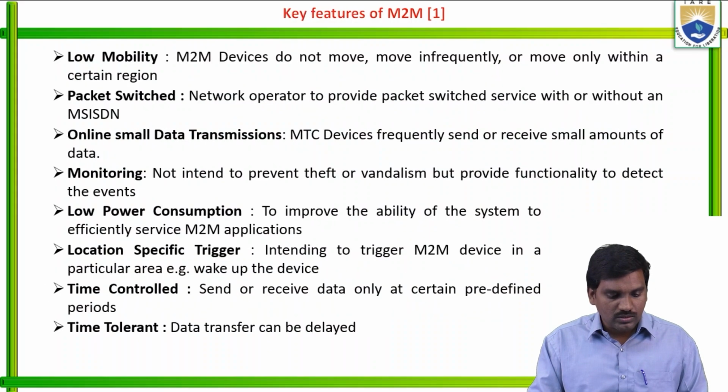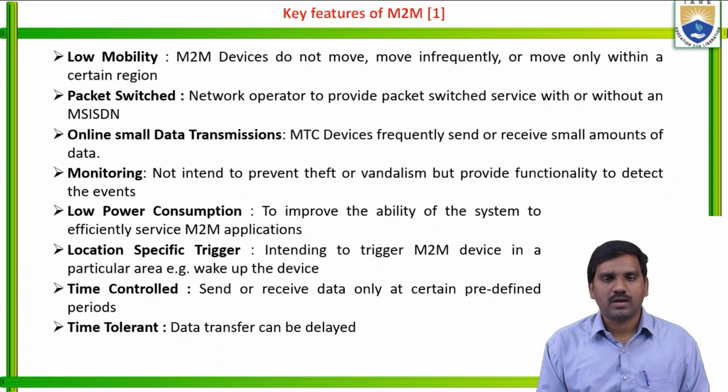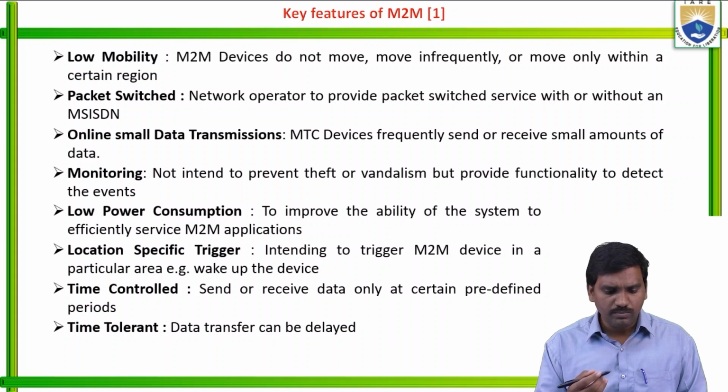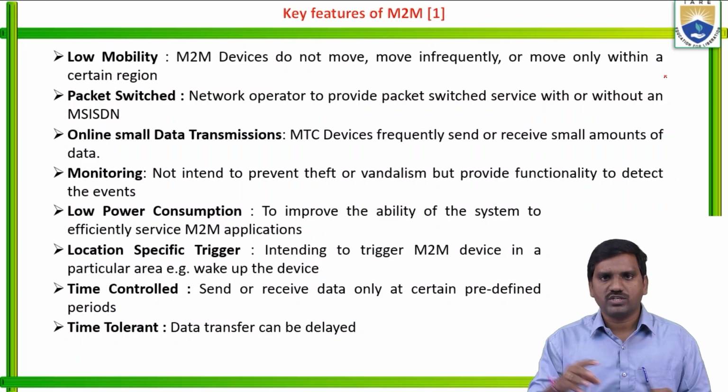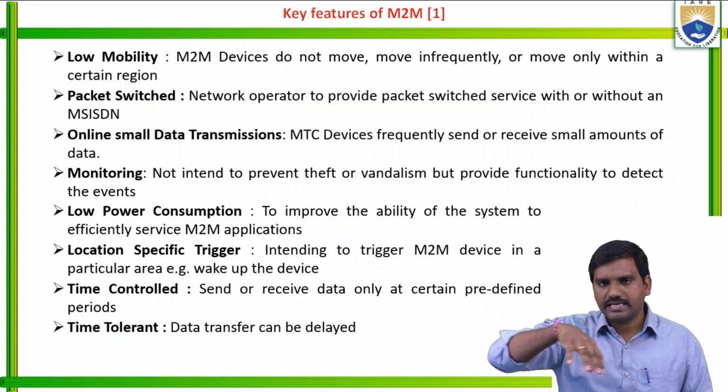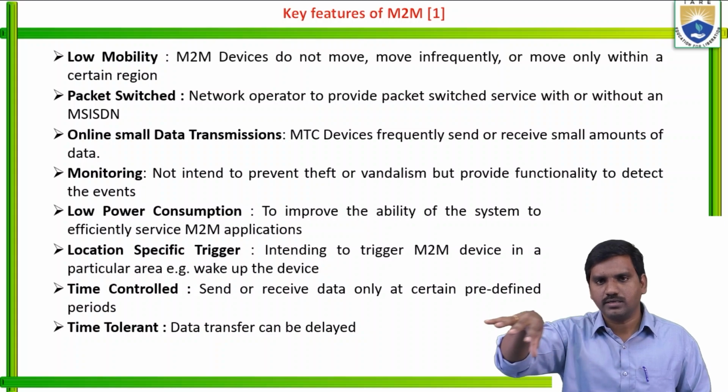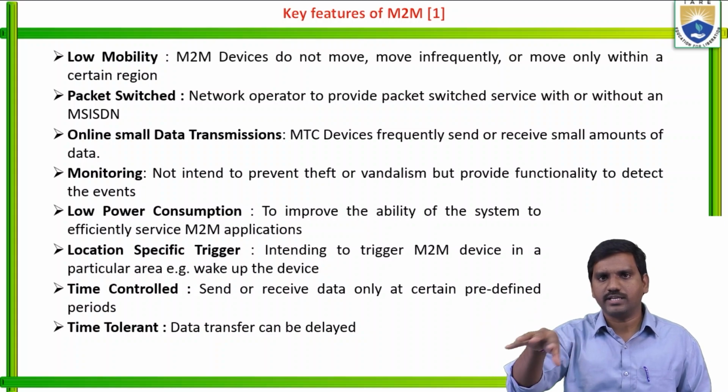Along with low mobility, packet switching, online small data transmission, monitoring, low power consumption, location specific triggering, and time control. So the first one, low mobility. M2M devices do not move, or move infrequently, or move only within a certain region. First we have to define a certain area or range.